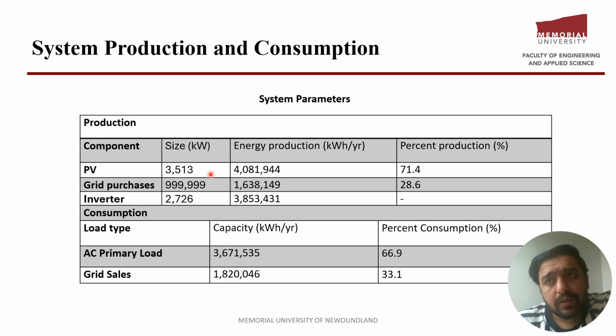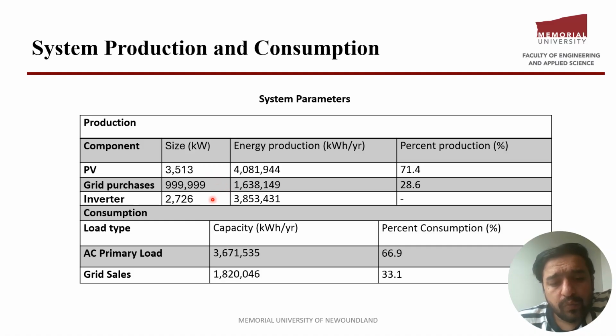But as I informed you in my previous slide, the facility management provided the rooftop area of around 20,000 square meters, which is easily available, so we can install it there.